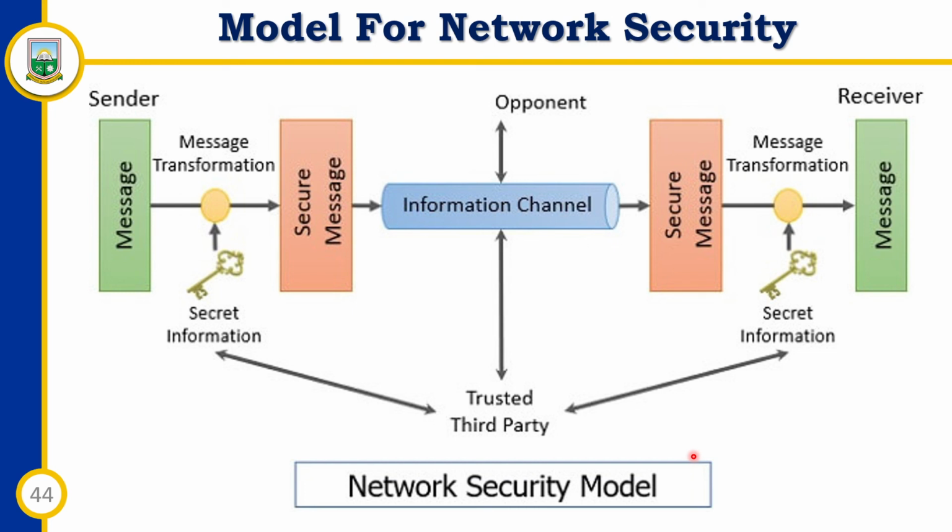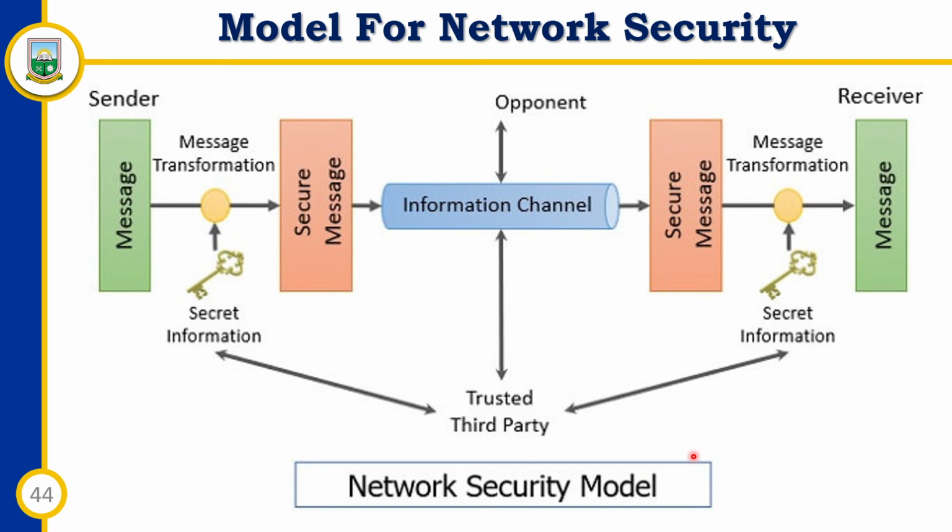You need to pick an algorithm such that the opponent cannot defeat its purpose. So we should take an algorithm that is secure enough, which makes it very difficult for the opponent to defeat that particular purpose.